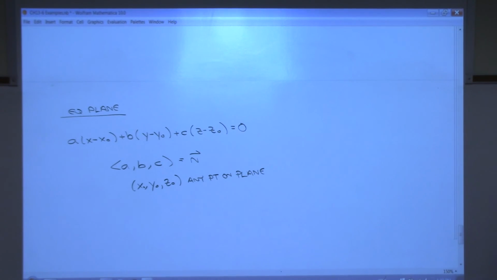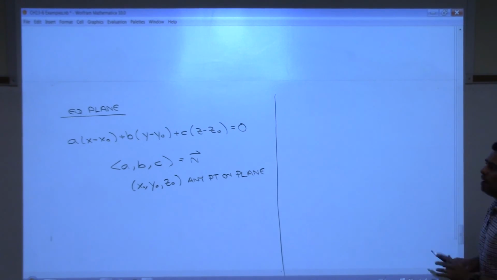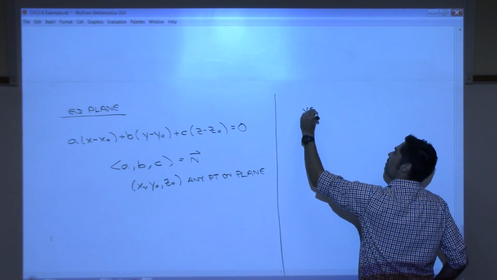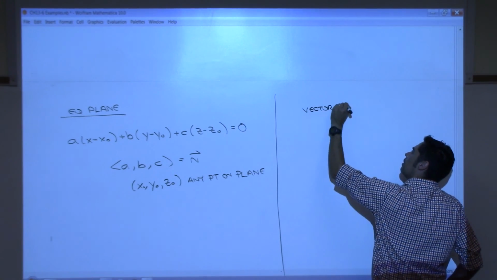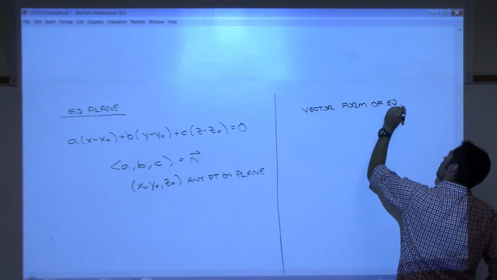We're all familiar with this. Okay, we have another way that you can come up with the equation of the plane. This is the vector form of the equation of a plane.